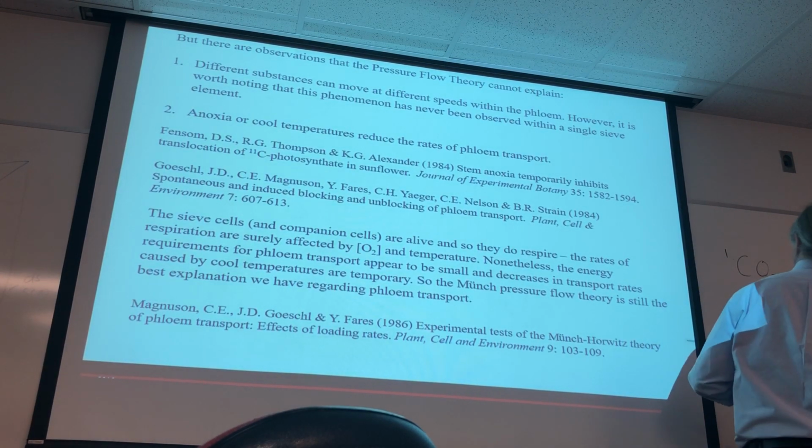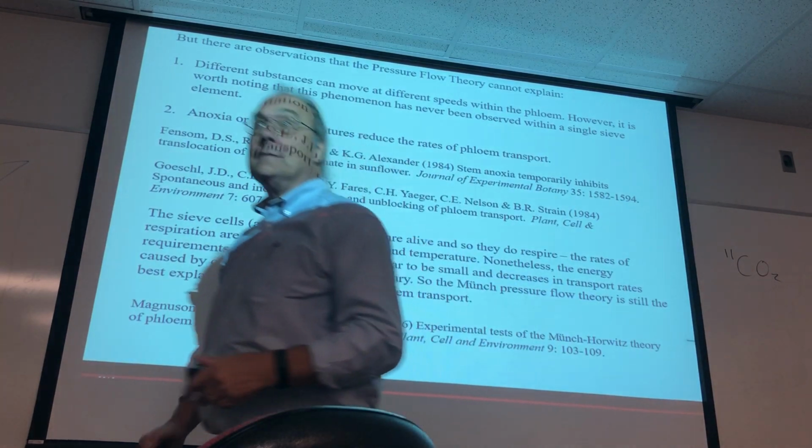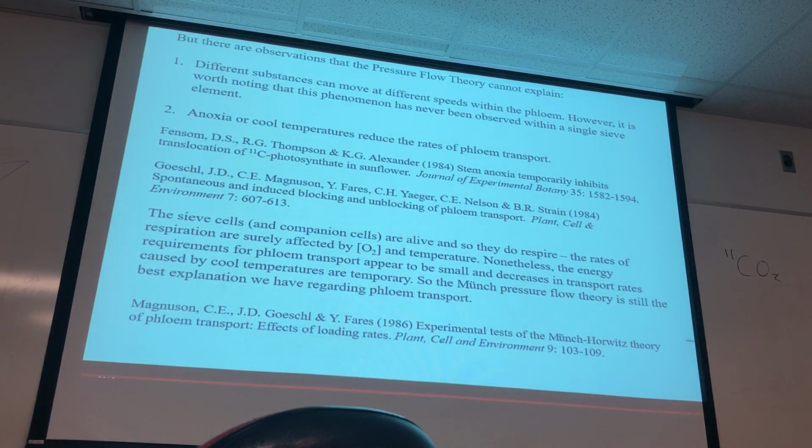But what you can use is C11. Not a stable isotope. It's an isotope with a very short half-life, 20 minutes. C14 has a really long half-life. I don't know what it is. Years and years and years. But C11 has a 20-minute half-life.